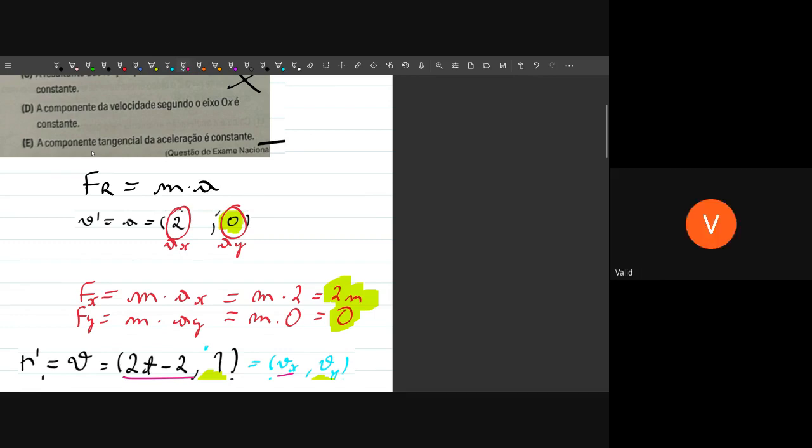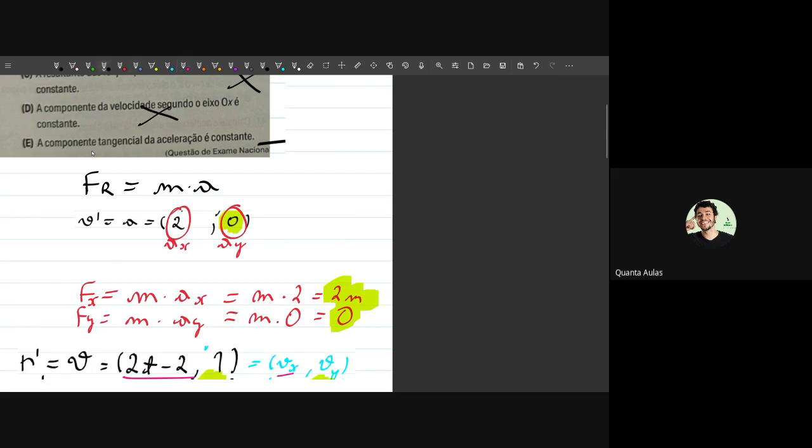Yeah, is the velocity constant or not? No? Yeah, amazing, man. You are right. It's not constant because of the letter t. Just because of the letter t. Okay? Amazing. So it's not constant, so this is wrong too.